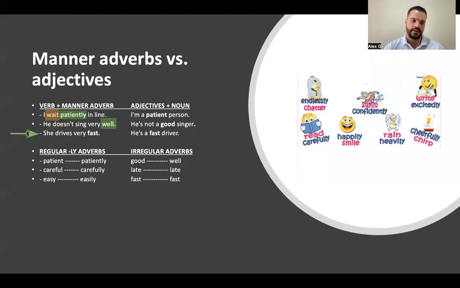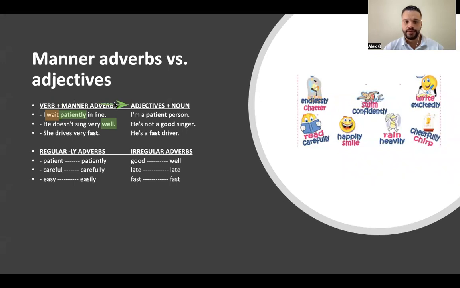Finally, the last example that we have is she drives very fast. This is an exception because fast is actually going to be the same as an adjective, but it's also an adverb. So we call this an irregular adverb. So make sure to follow the structure of verb plus manner adverb when we want to describe an action.